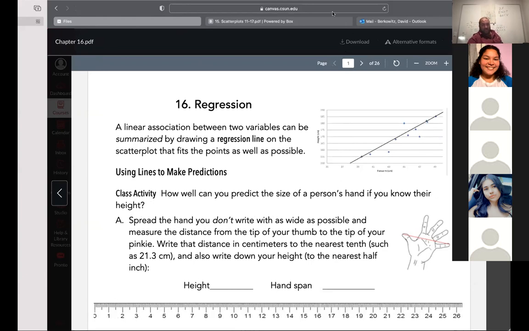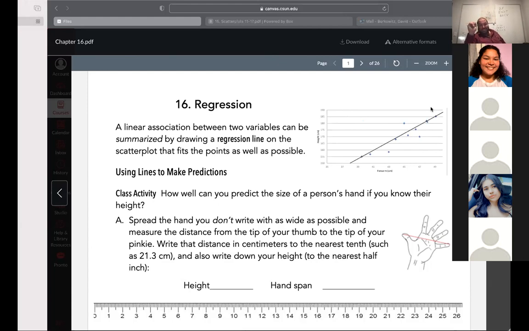If I look at this scatter plot right here, we would all agree that this line is not the best fit of the scatter plot, right? The scatter plot clearly has a positive linear association, bottom left to top right. My line that I just drew is not the best fit line. What makes this black one the best fit line? That's a whole other story.